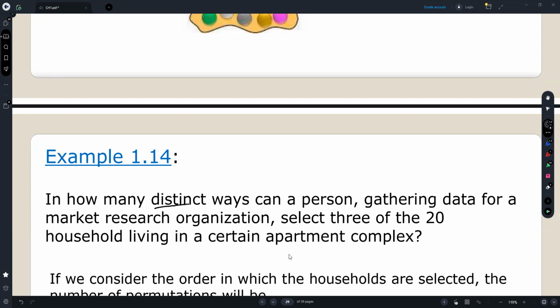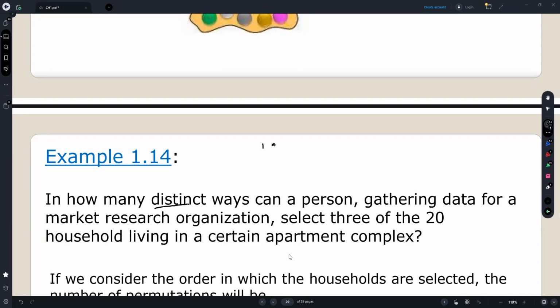You have to select 3 out of 20 households living in a certain apartment complex. So there are 20 apartments, and out of them, you have to select only 3. Let's say there are 20 houses in the complex, and you have to select 3 out of these 20.